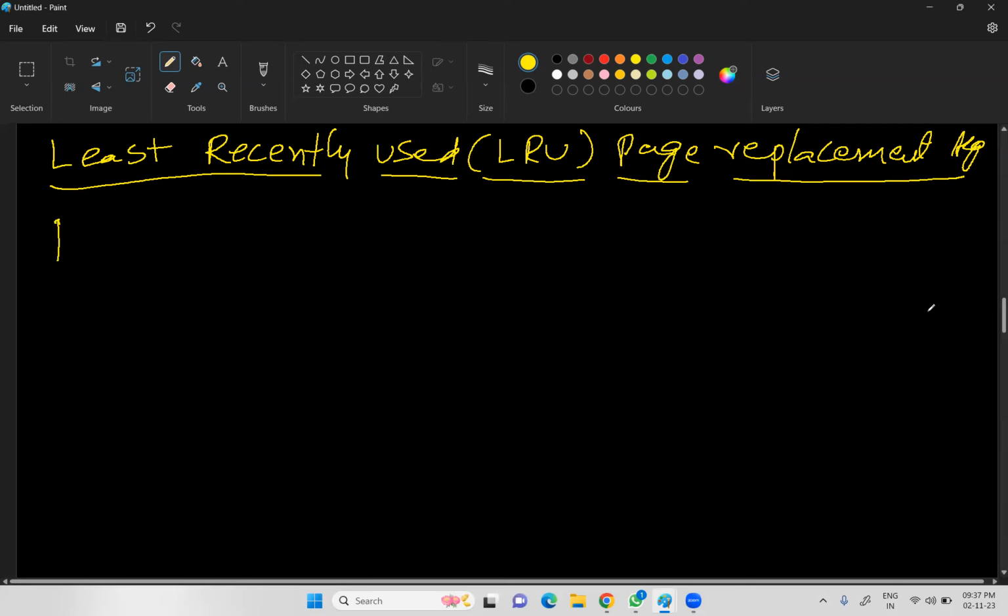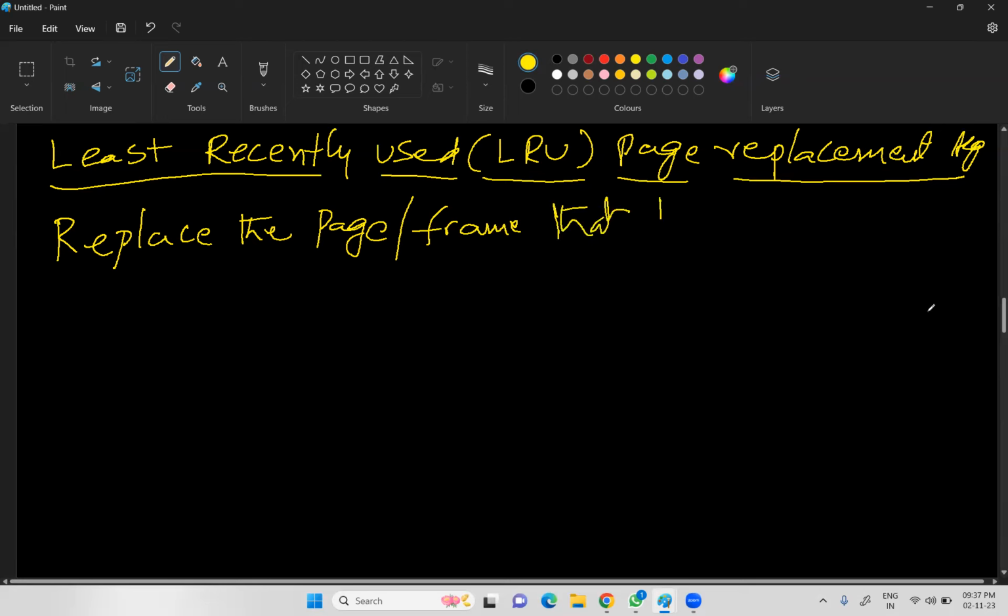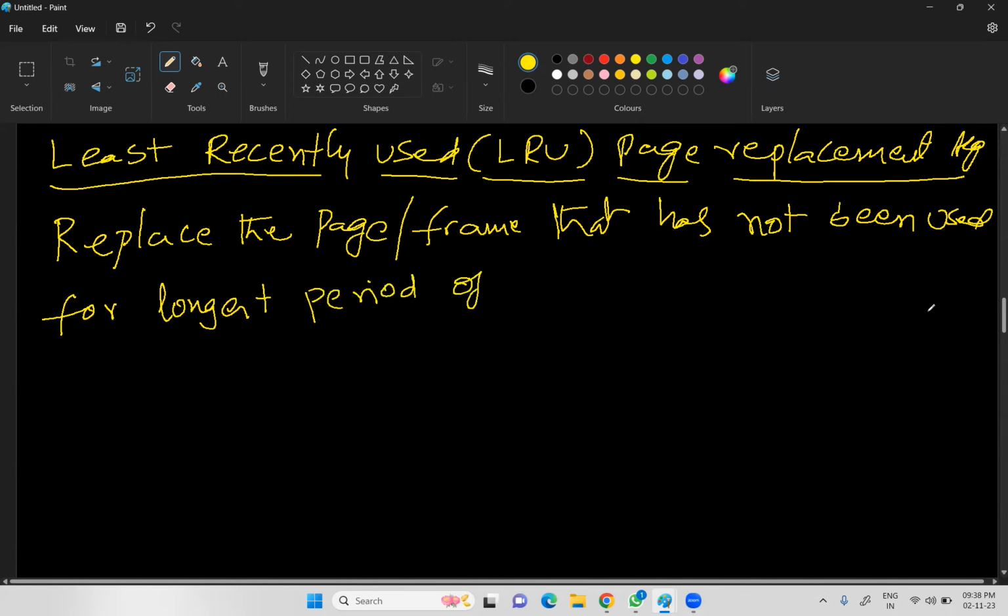The name itself suggests it: replace the page or frame that has not been used for the longest period of time. So this is the statement where LRU is defined.